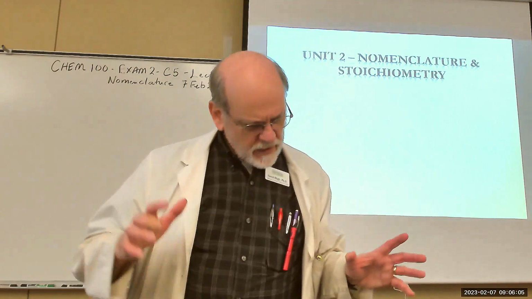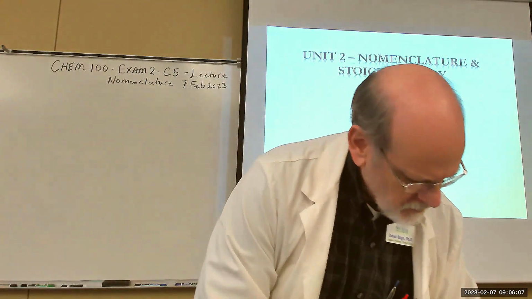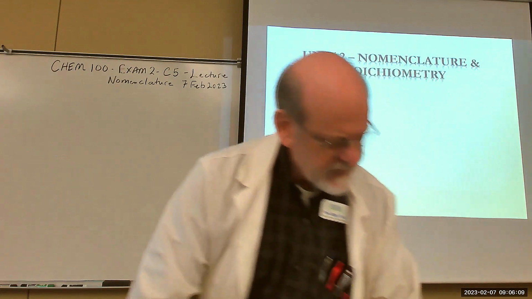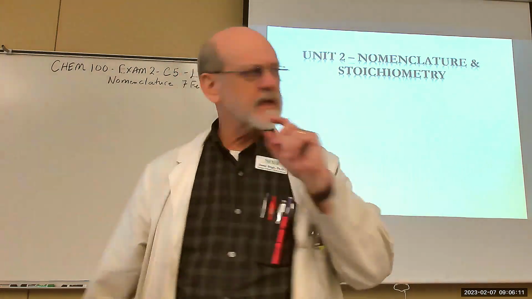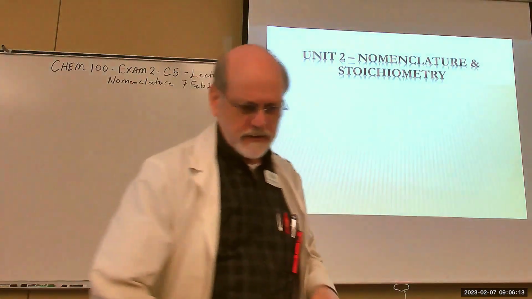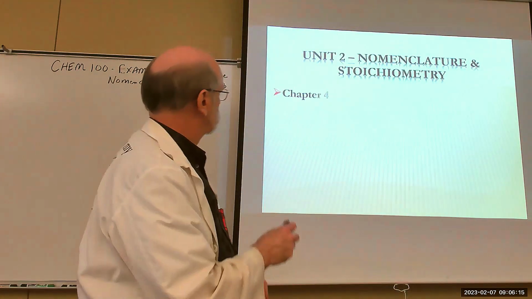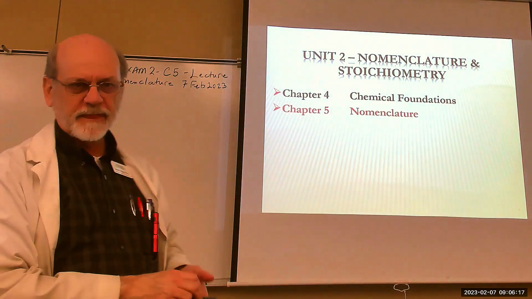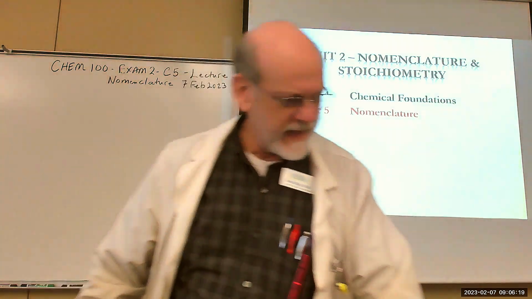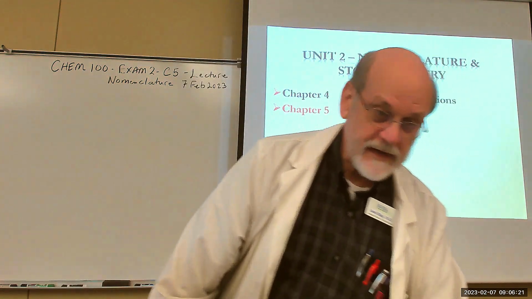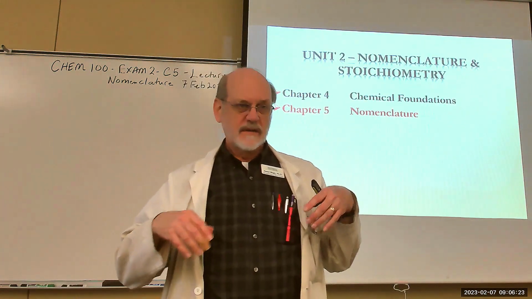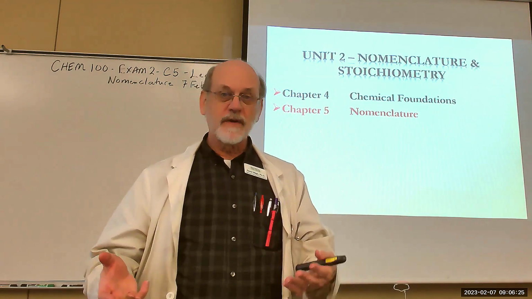Okay, so what we're doing today is we're looking at chapter 5 of nomenclature. How do we name compounds? And then if we have the name of a compound, how do we write the chemical formula from the name?